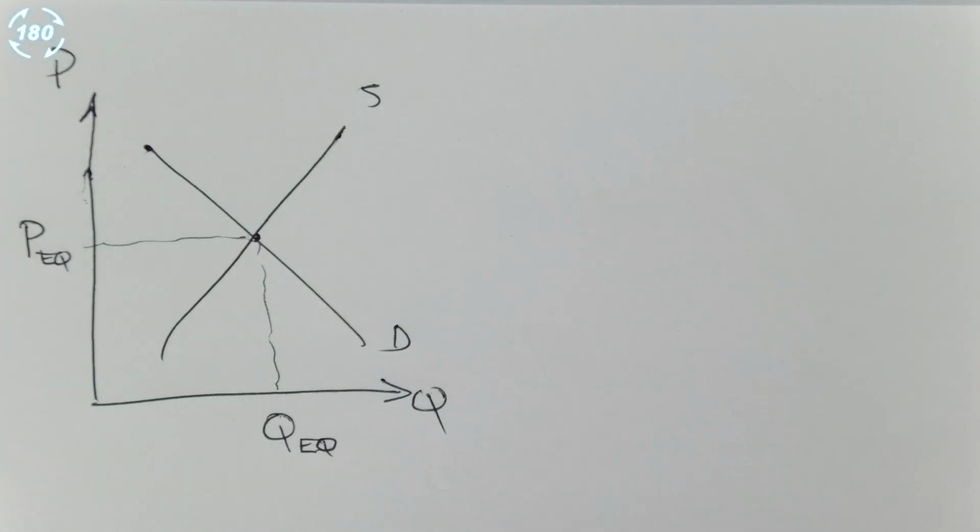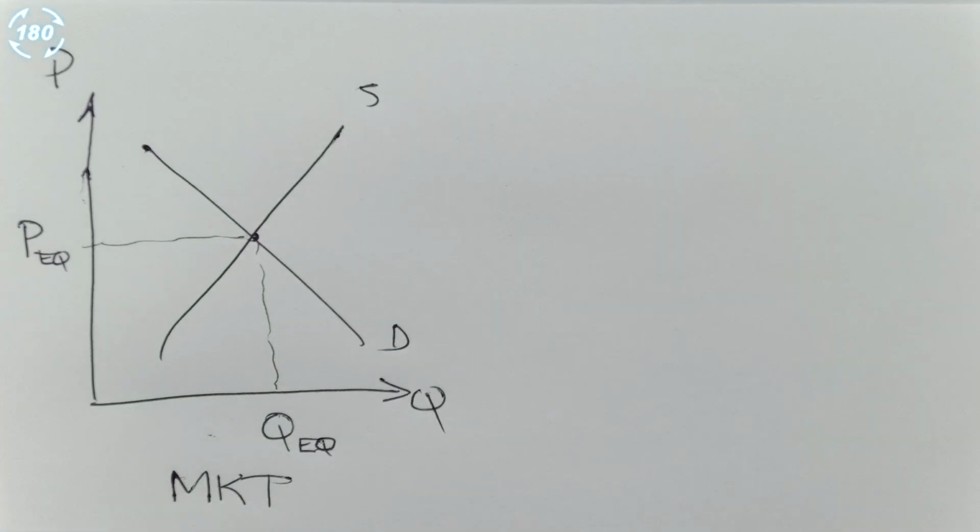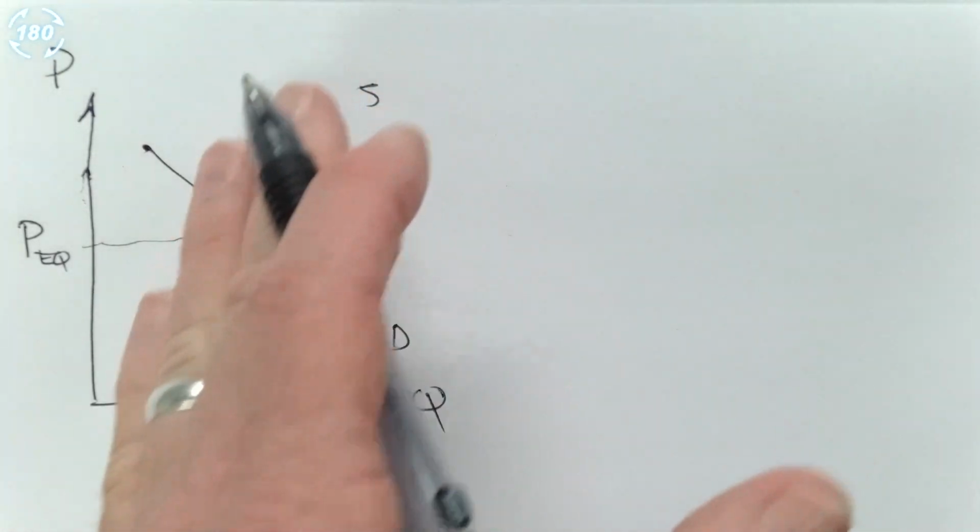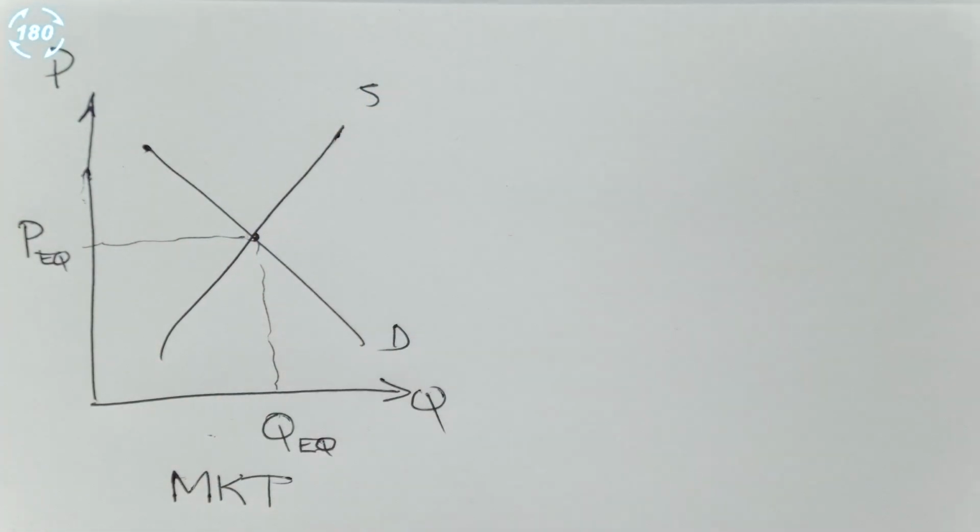And so this is the market here. This is a perfectly competitive market. The idea is there are many suppliers that form this supply curve. And so remember, you horizontally add the individual supply curves. We're going to look at that in a little more detail in a bit, what those individual supply curves are. But you horizontally add those to get the market supply curve.